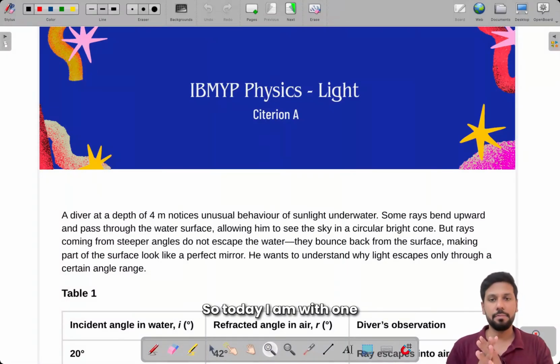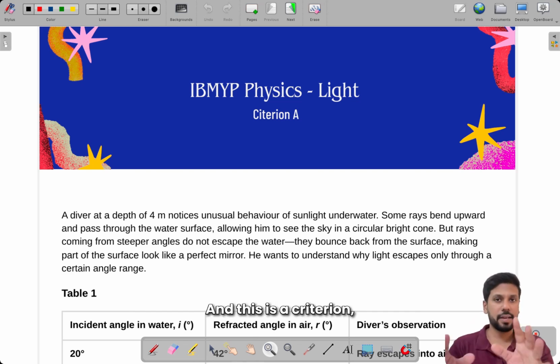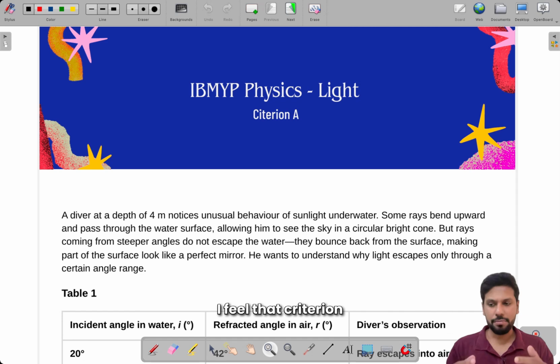Today I am with one more question for you. This is from IB MYP Physics Grade 10, from the chapter Light, and it is a Criterion A question. I feel that Criterion A is the toughest of all the criteria for MYP students, and there are many reasons why.